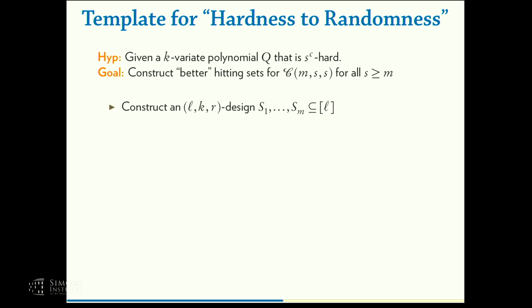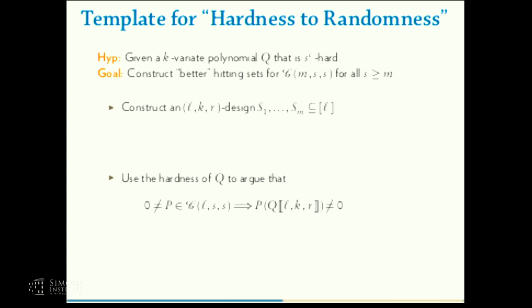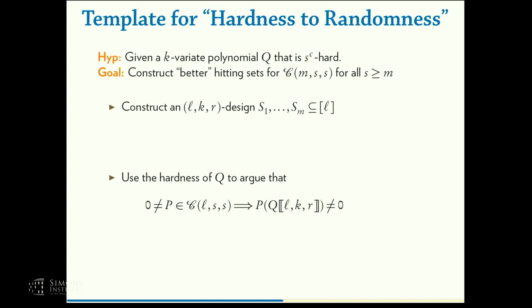You first construct a design, and then you use the hardness of Q to argue that this substitution preserves non-zeroness. And once you do this, this must be M, not L. Sorry, this must be M. So once you do this, you're left with some polynomial on just L variables. So just brute force over that. And this is how the typical hardness-randomness thing works.